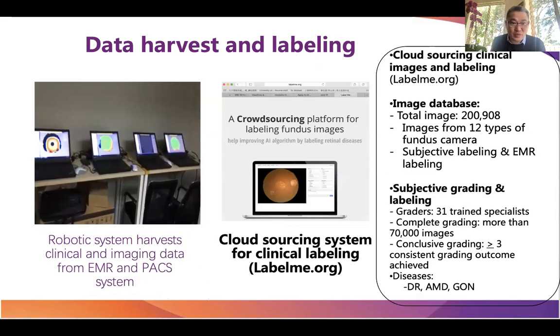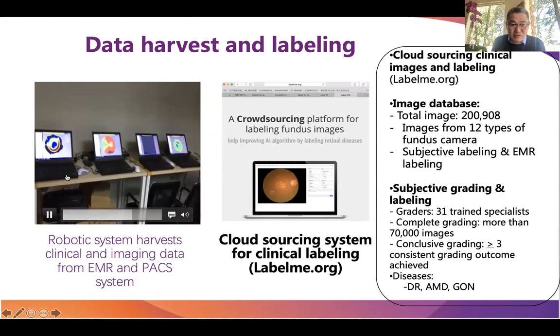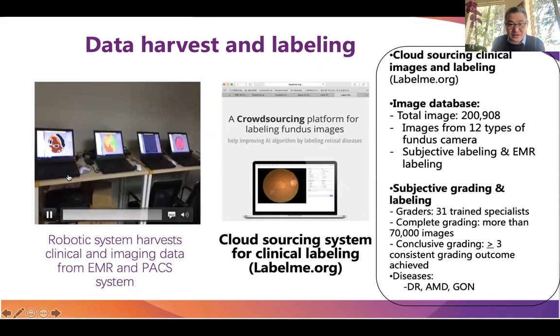This is how we collect the data, through what we call a robotic system in the electronic medical record system. And then we built what we call Label Me, a crowdsourcing system, where we collected about 200,000 real-world patients' data.